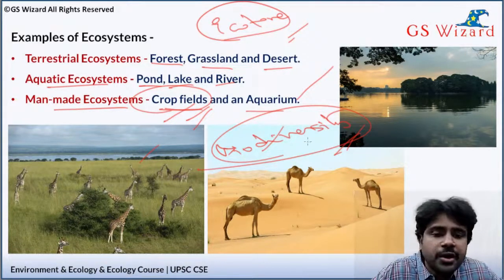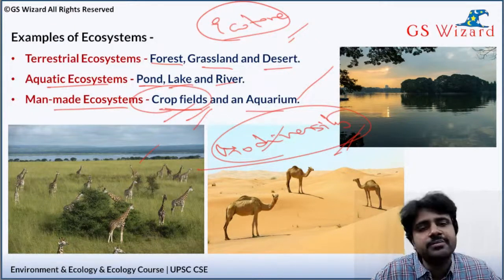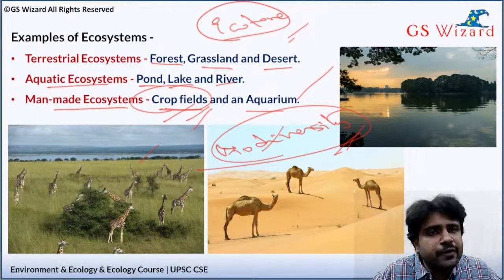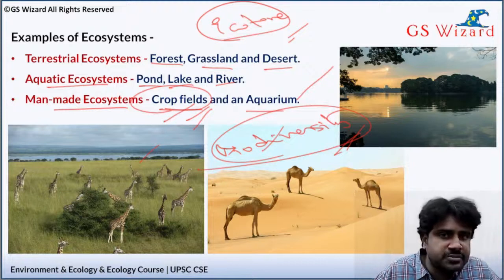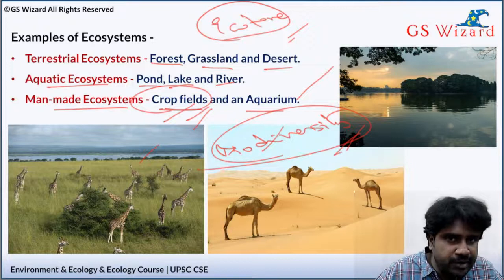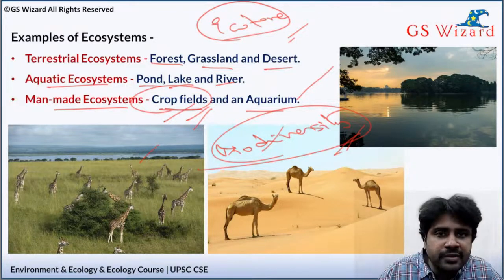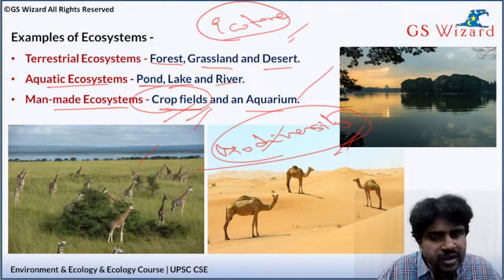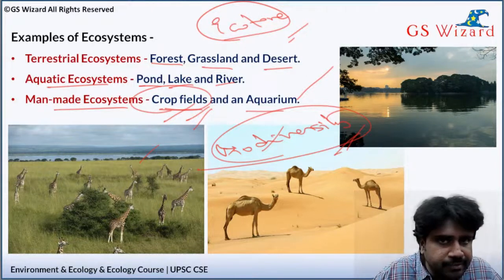Okay. Now, what do you mean by biodiversity? Very simple. The variety of life found in an area is biodiversity. As simple as that. If you think about paddy field, there is only one variety of plant there. What is that plant? Paddy plant. As simple as that. There is only one variety.